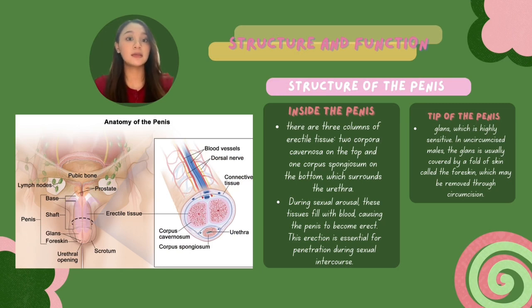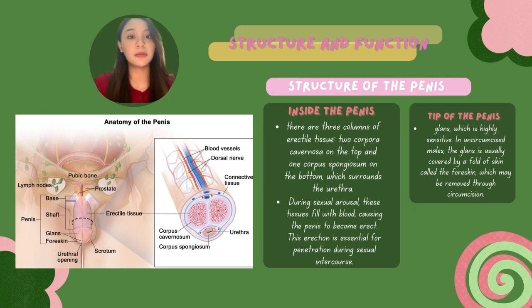As you can see, this diagram shows a detailed view of the internal structure of the penis. There are three columns of erectile tissue, two corpora cavernosa on the top and one corpus spongiosum on the bottom, which surrounds the urethra. This tissue expands and hardens when filled with blood, creating an erection.